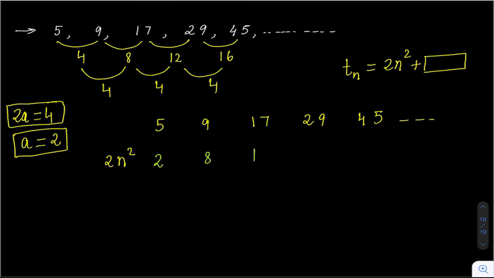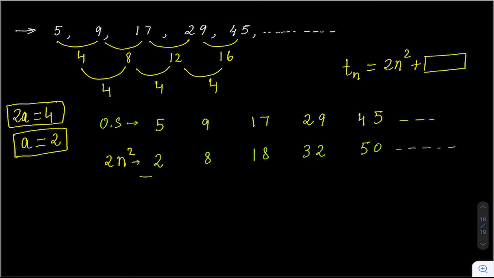When n is 3, this value will be 18. When n is 4, this is the fourth term, so this will give me 32. And then it will give me 50 and so on. So this is my 2n square terms, and this is my original sequence.